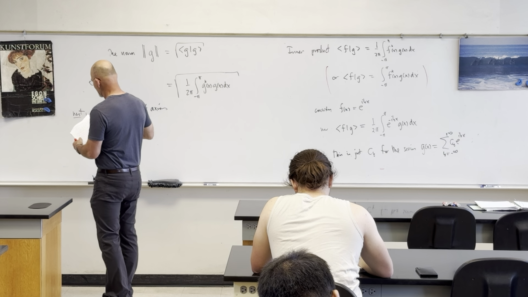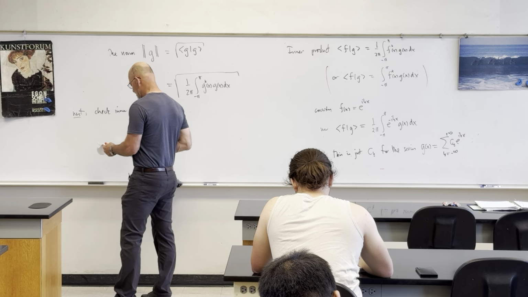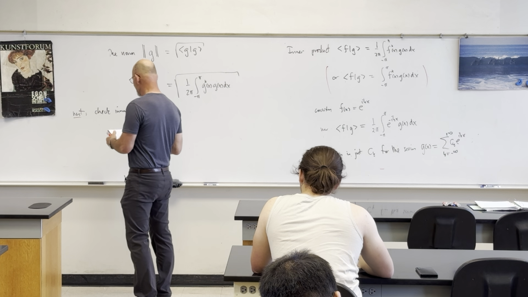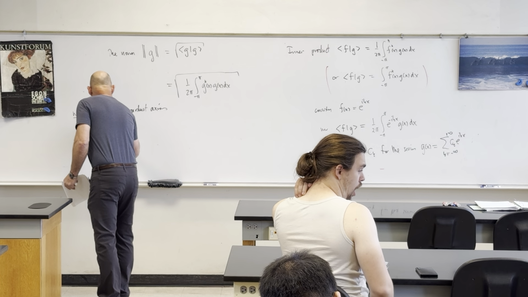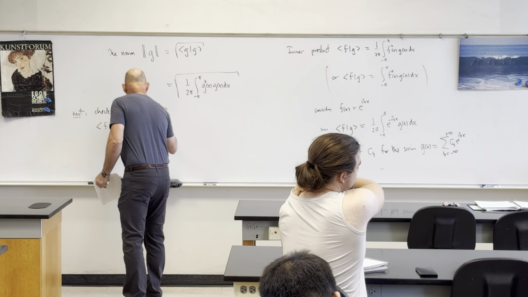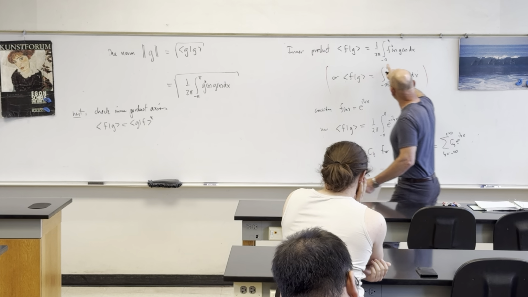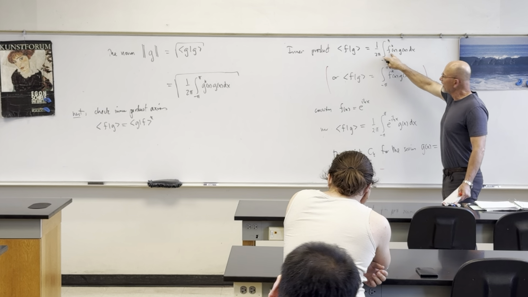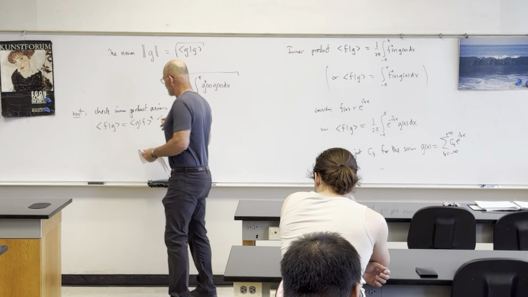So go back to those. Like I said, I'm not going to do all 8 of those other ones, but we have f g is equal to g f complex conjugate. So that was one of them, and you can even see it right off the definition, right? If I reverse the order of f and g, I'm reversing the one that got a complex conjugate. So that one is trivial.